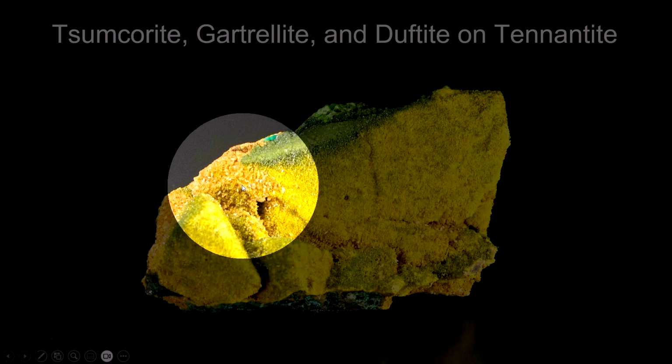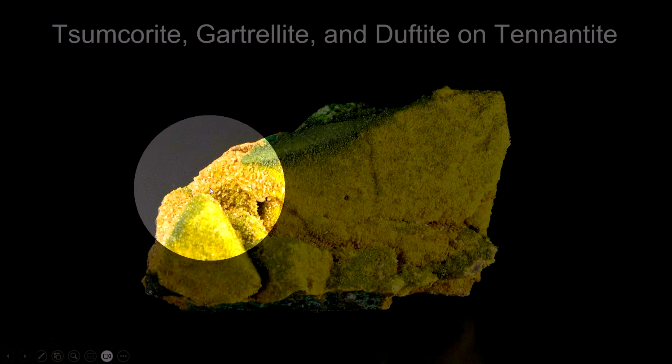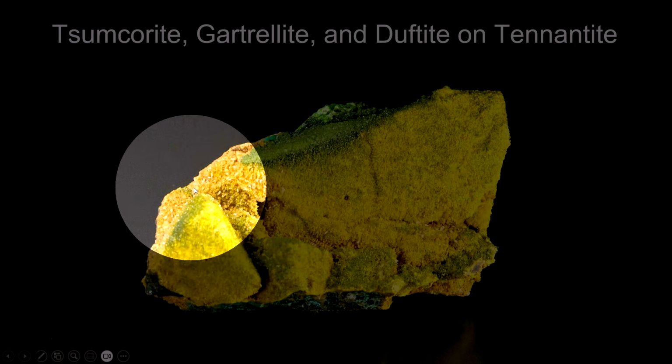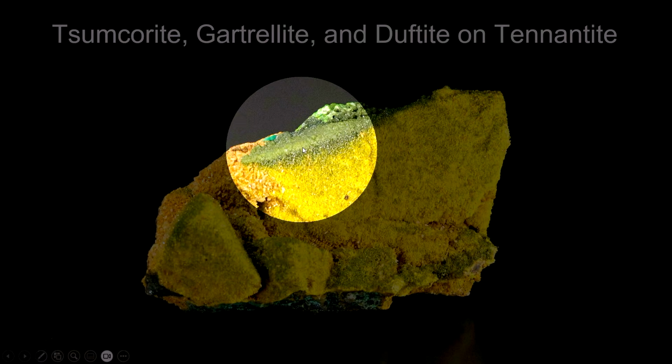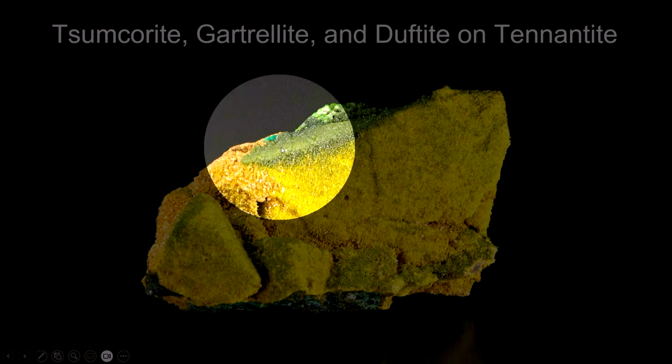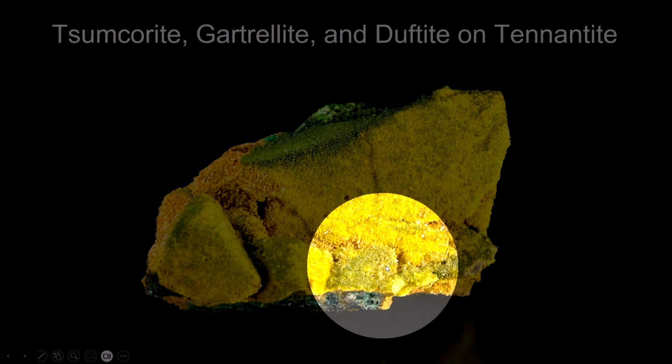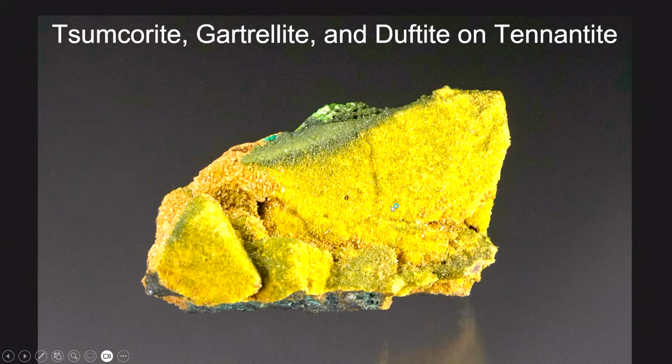The tsumcorite is the tan or orange colored crystals in this part. The duftite is the green up top, and the yellow, more finely crystallized area is the gartrellite.